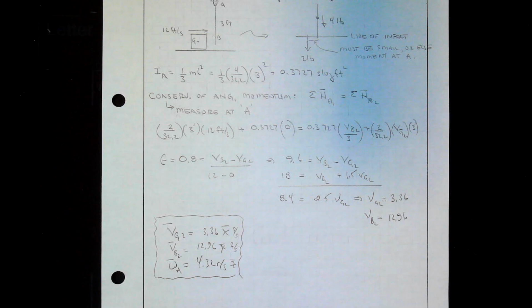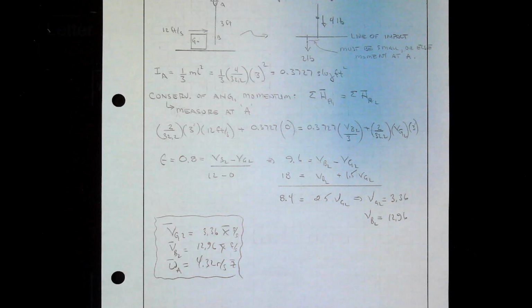If we look at this, we have 2 unknowns. Once again, when you have an impact, we appeal to the coefficient of restitution, which is 0.8. I'll use the equation this way: the velocity of point B post-impact minus the velocity of G post-impact, over the velocity of G prior to impact minus the velocity of B prior to impact, which was 0.